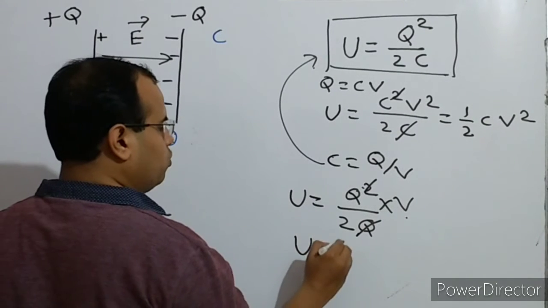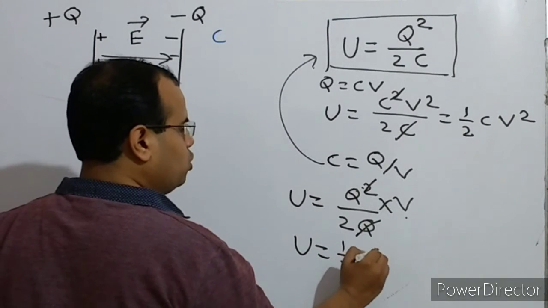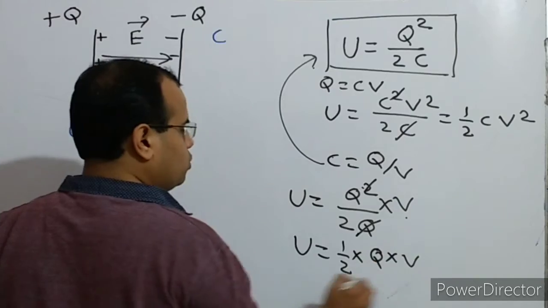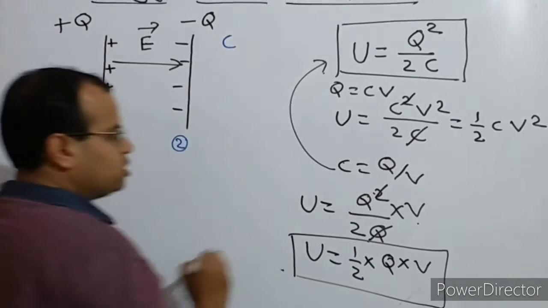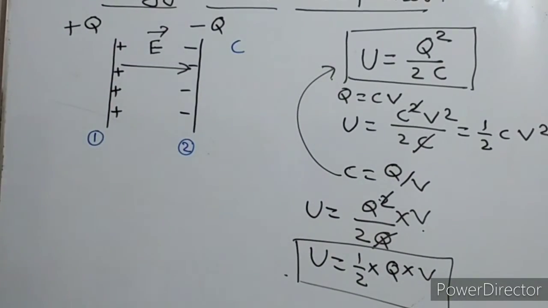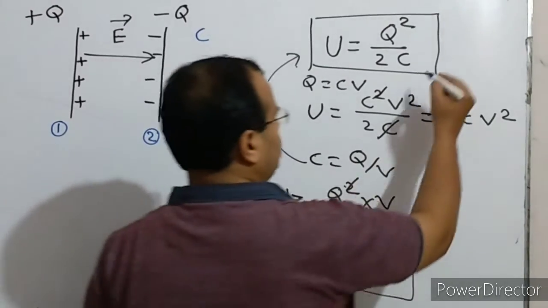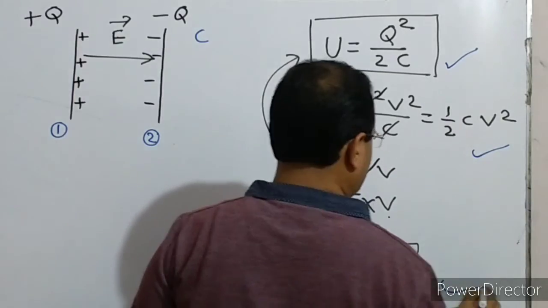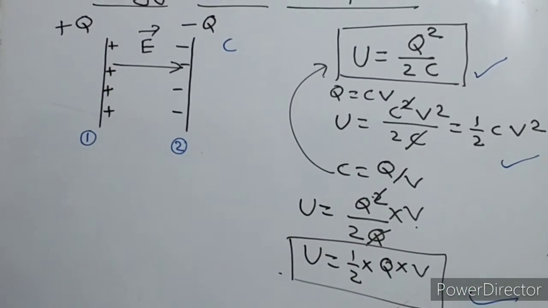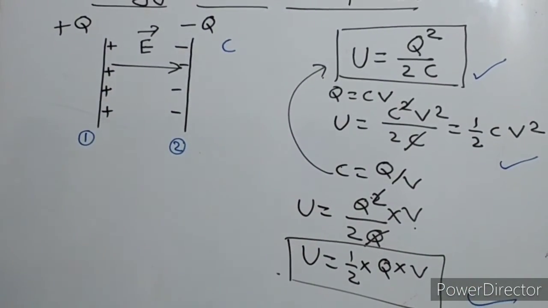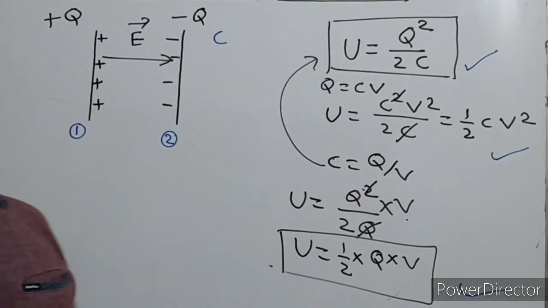So U is equal to 1 upon 2 times Q into V. This is the expression for the energy stored in the capacitor. So these three are the expressions. One is this, another is this, another is this. Any of the expressions we can use as the energy stored in a capacitor. I hope it is clear to you.